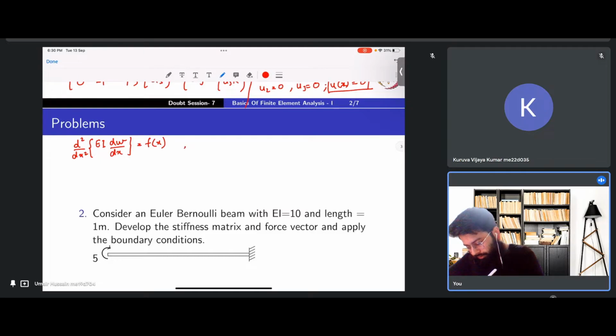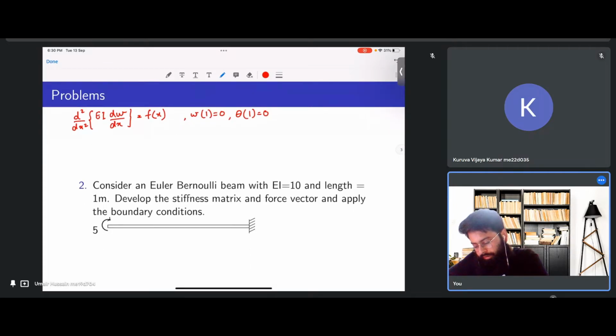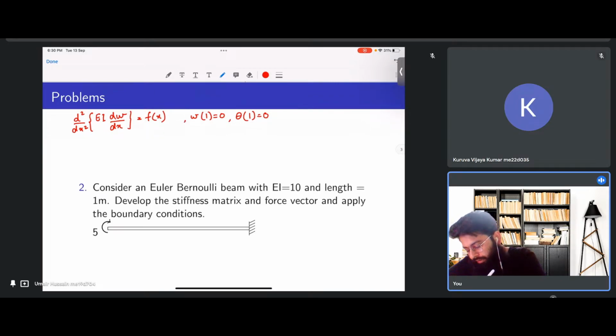We definitely know that W at 1 meter equals 0, theta at 1 meter equals 0, since it's fixed at the right hand side, you can see the symbol. And at the left hand side, we have zero shear force, and we have some bending moment applied.